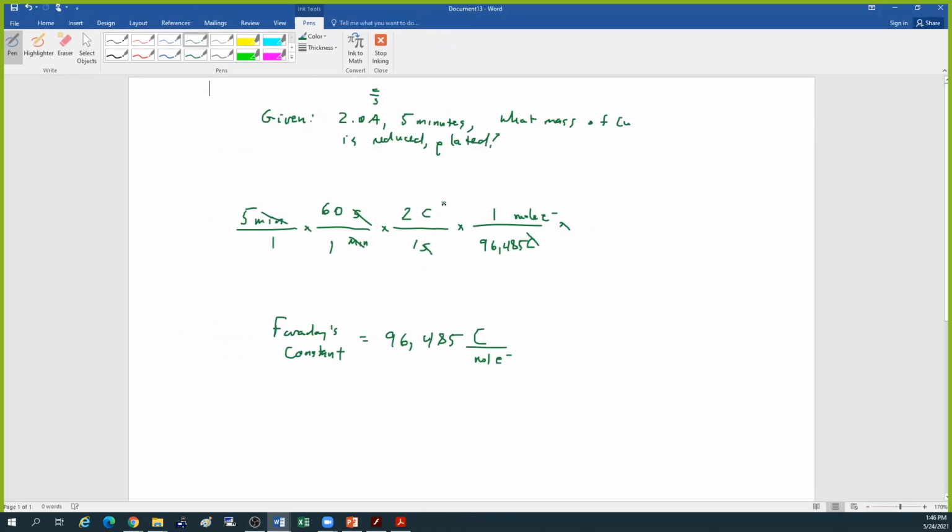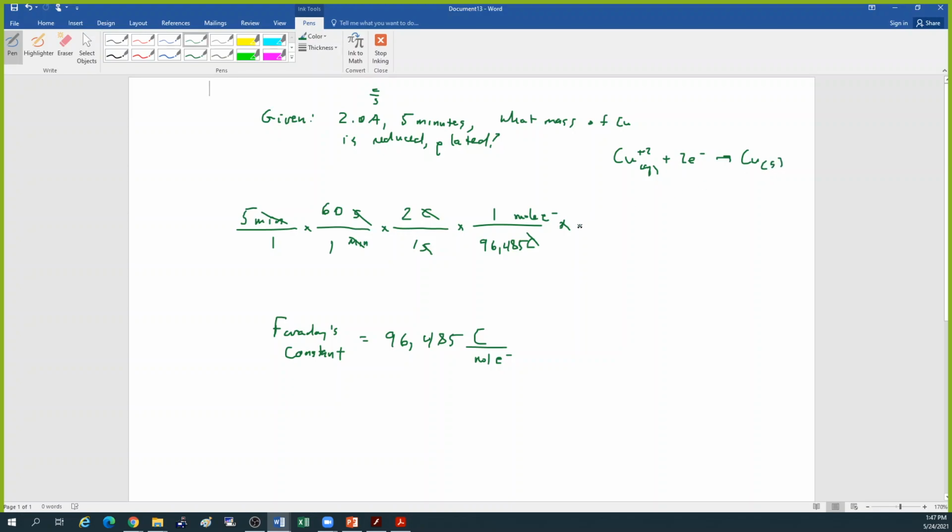At this point, I will have counted the total moles of electrons transferred in the process that we did over the 5 minutes of electrolysis. But we want to turn this into the copper being plated, which is governed by this half reaction, right? It's aqueous copper ions being reduced by 2 electrons to become solid copper atoms.